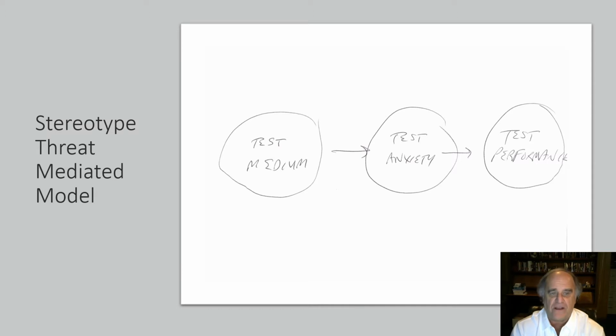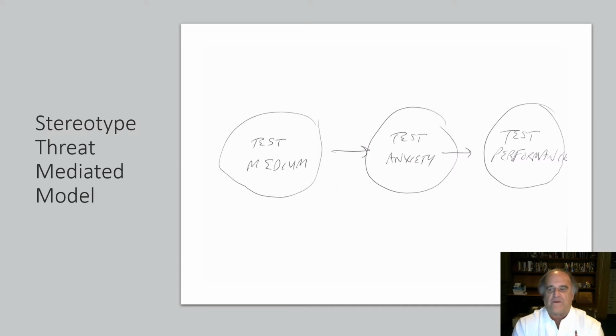And in particular, they're going to experience it when either the test medium or the test format or the test content is one traditionally associated with lower performance by their group. And so frequently we're actually manipulating the independent variable.